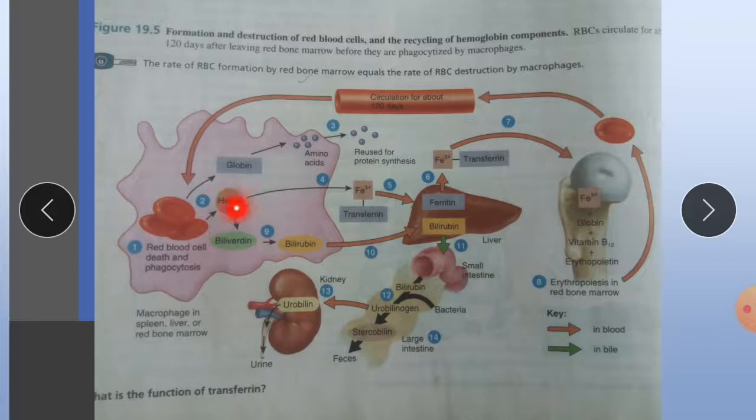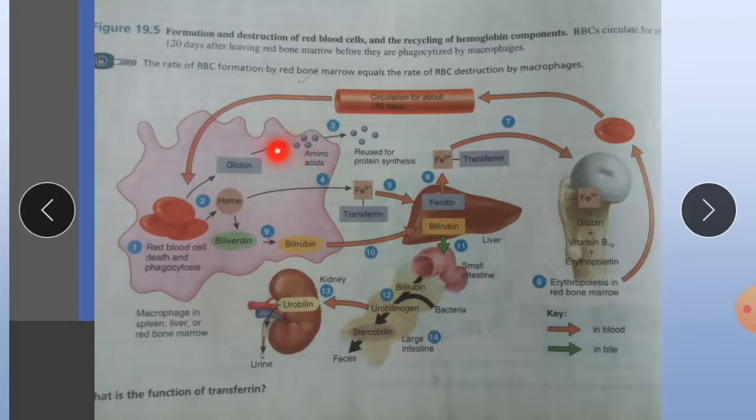The heme part will be separated, and at the same time the globin part, which is a protein part, the alpha and beta globins, these two peptides can be removed easily and given back in the form of amino acids.